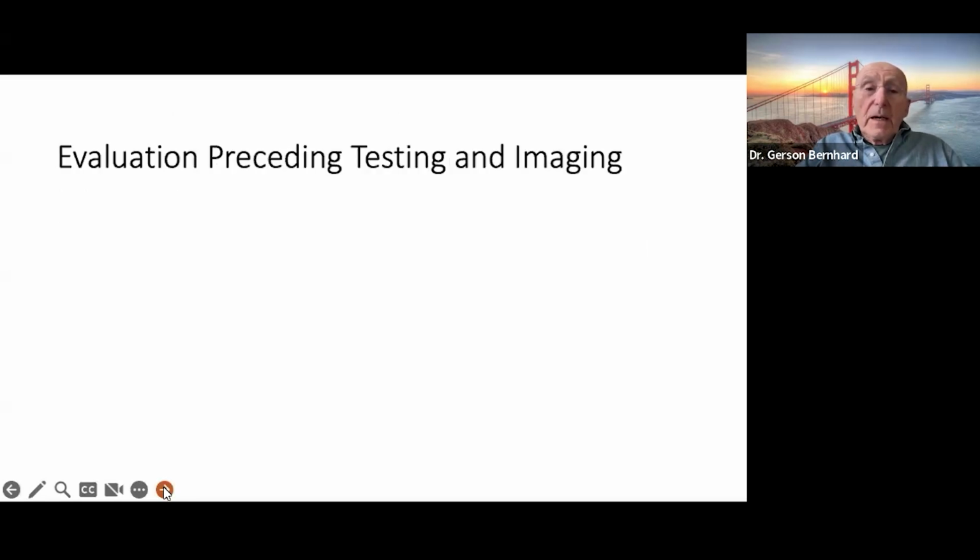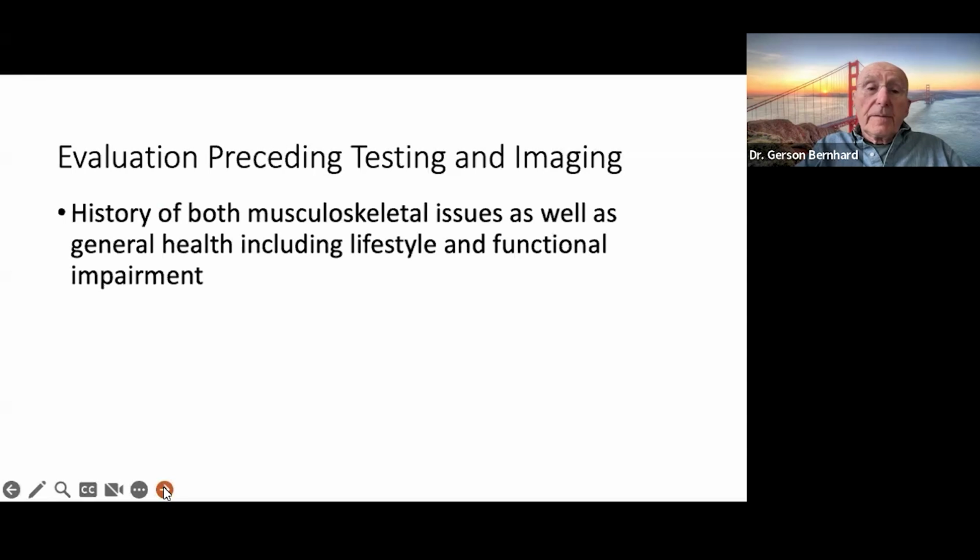So what I really would like to focus on is, before you start ordering a bunch of tests, get a really careful musculoskeletal history. Does this patient have evidence of an inflammatory disease, or is it more in terms of a degenerative disease? How do you discern that?